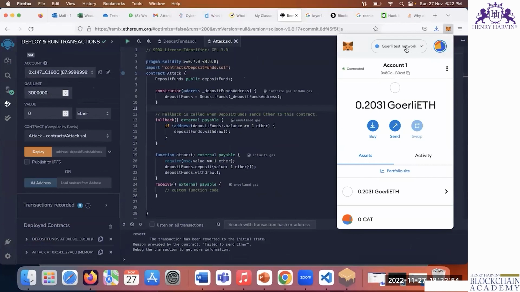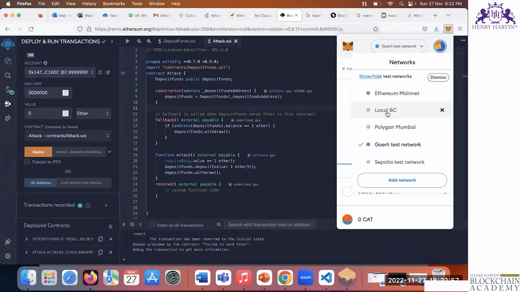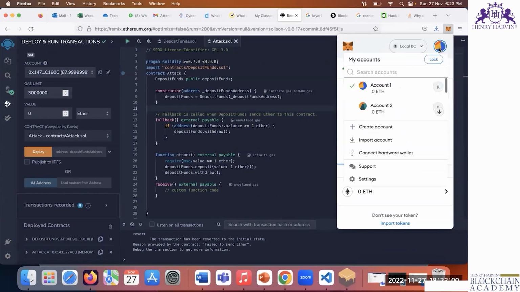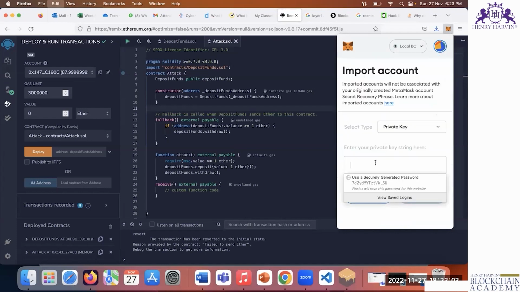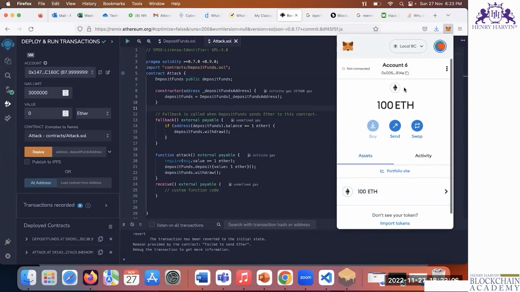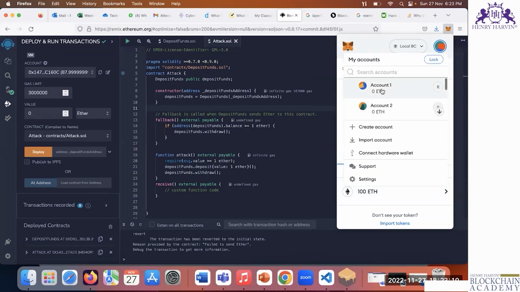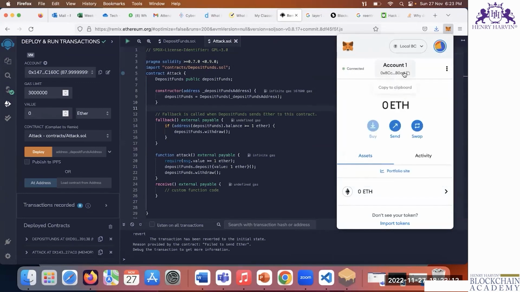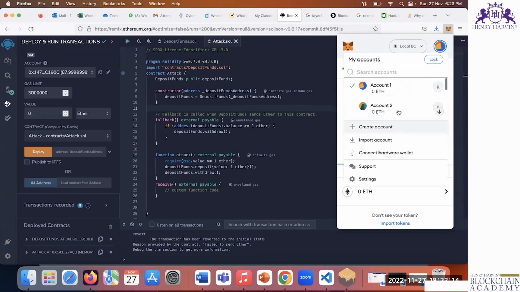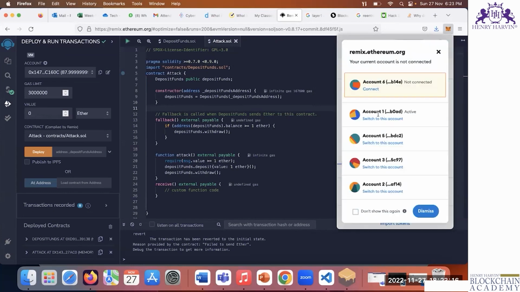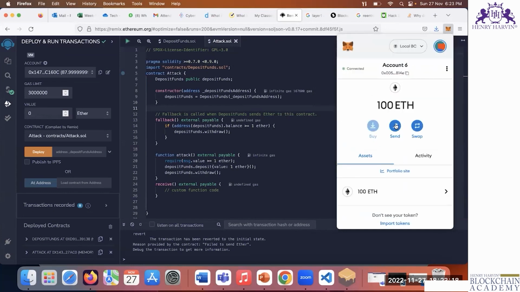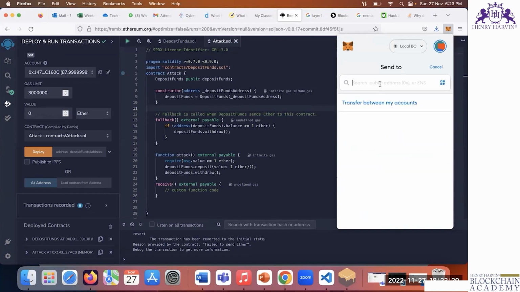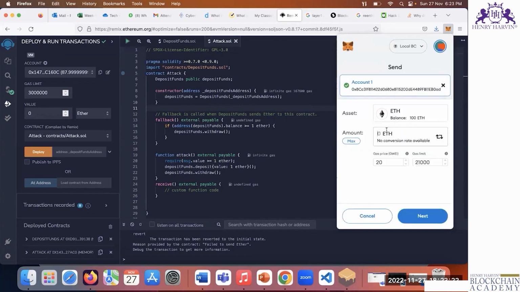I am connecting to the local blockchain. This account has some Ethereum, and this account doesn't have any. Account 6 has Ethereum, so I am transferring 50 Ethereum to this account.